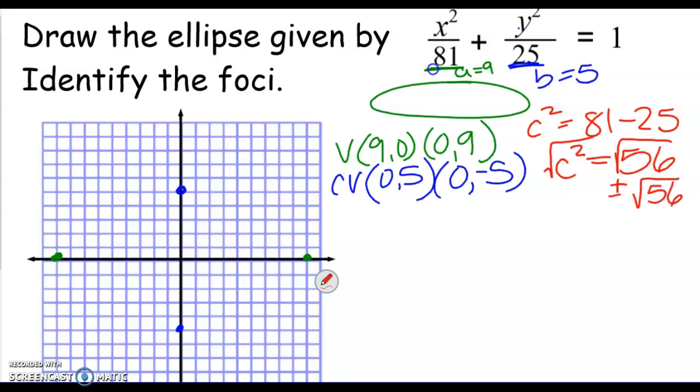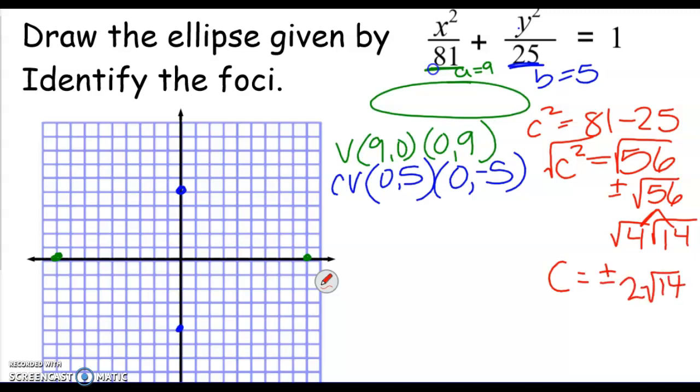Now, just as good practice, because there are just so many skills that it's good to know, we just practice them when they come up. I think 4 goes into 56, 4 times 14. Oh yeah, because 4 times 13 is 52. Okay, so that means c is actually plus or minus 2 root 14.